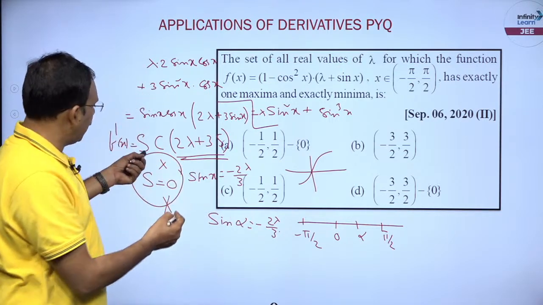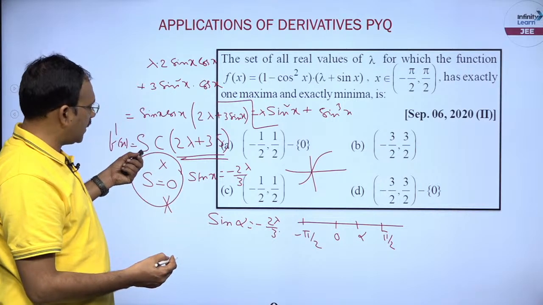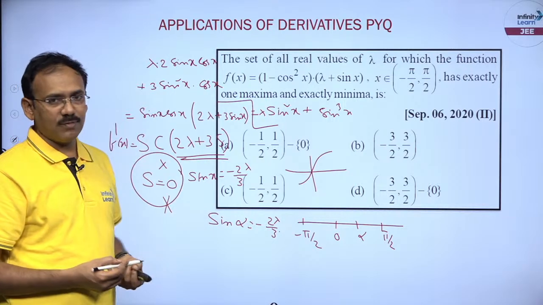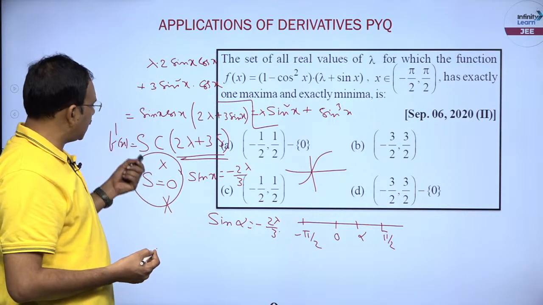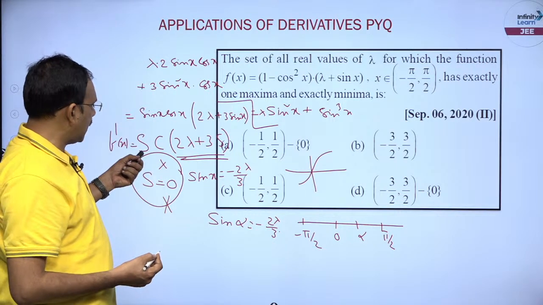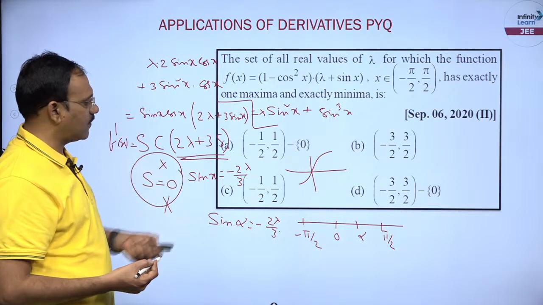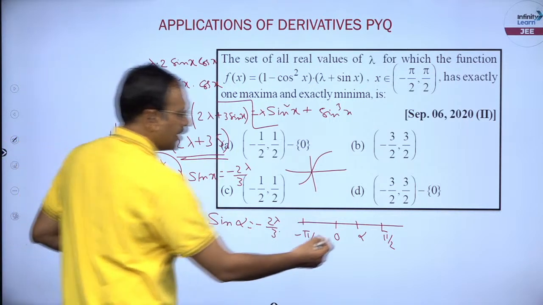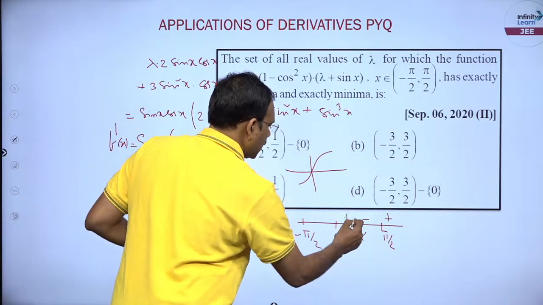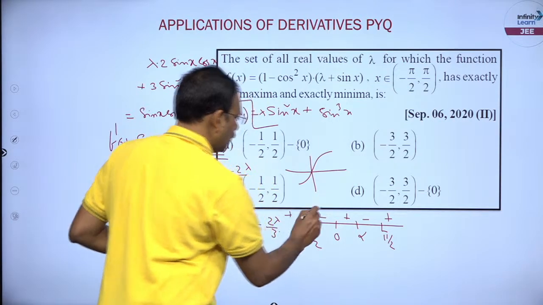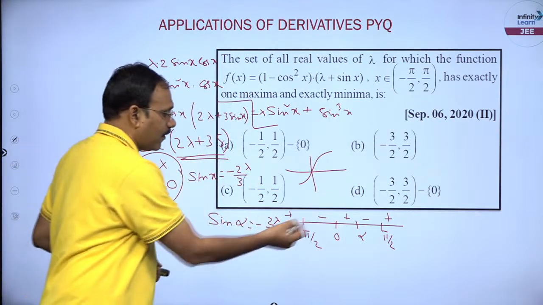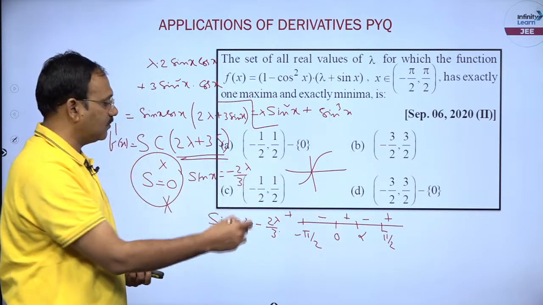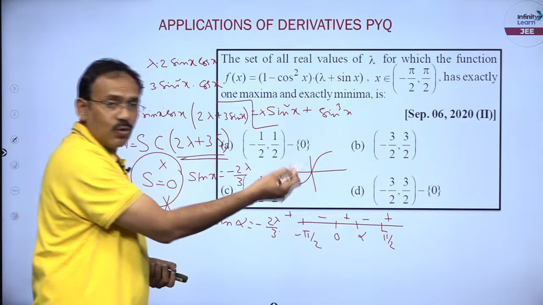At sin x equal to 0 the derivative becomes 0, and just right side of 0, sin positive, cos positive, this value depends, you will get positive, negative, positive. Even if alpha is on this side, the same nature comes, exactly you will get one local minima, one local maxima.